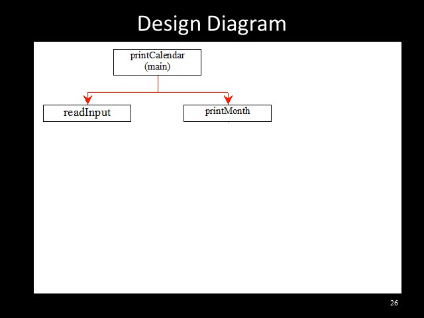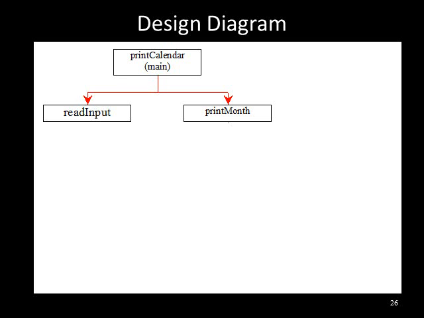During design time, we use what is known as a structure chart. We use it to design a solution to our problem, and it's much like the organization chart in a business. The upper boxes are management, and they control or tell the lower boxes to do some work. In designing a solution to our print calendar problem, the first questions we should ask are, well, what do we need to know?